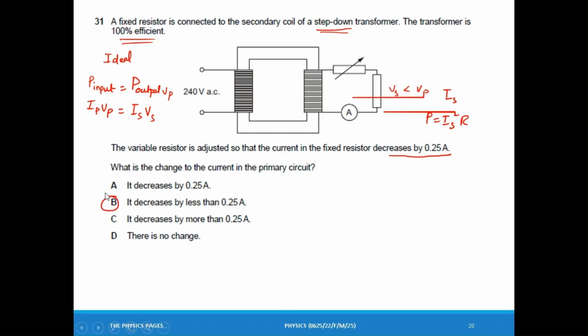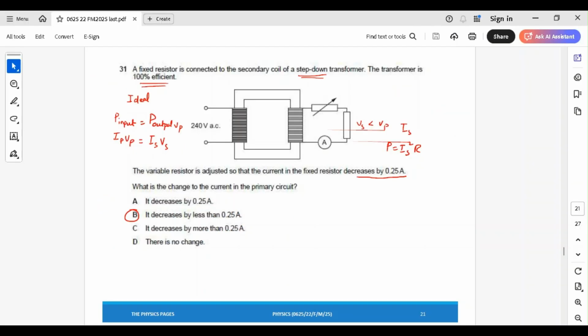So it will be decreased by less than 0.25 ampere.